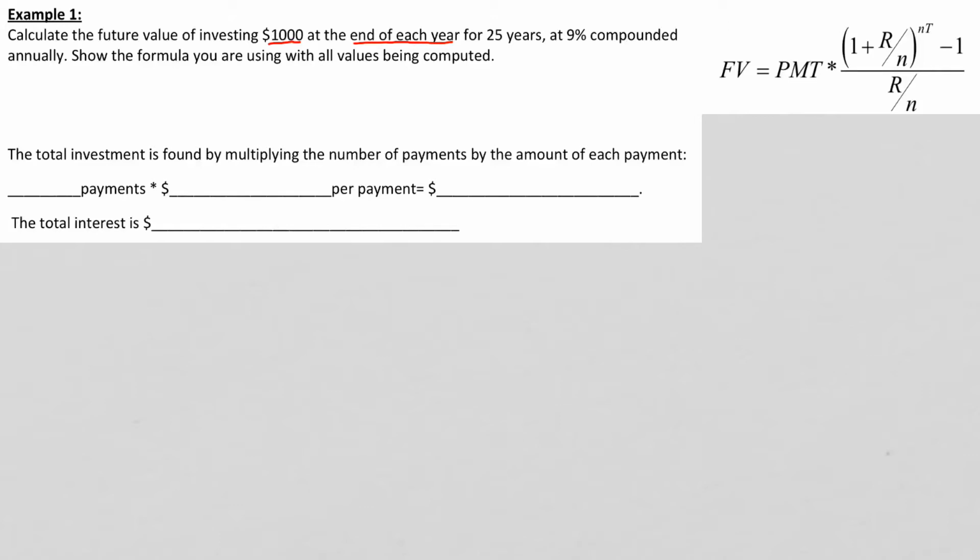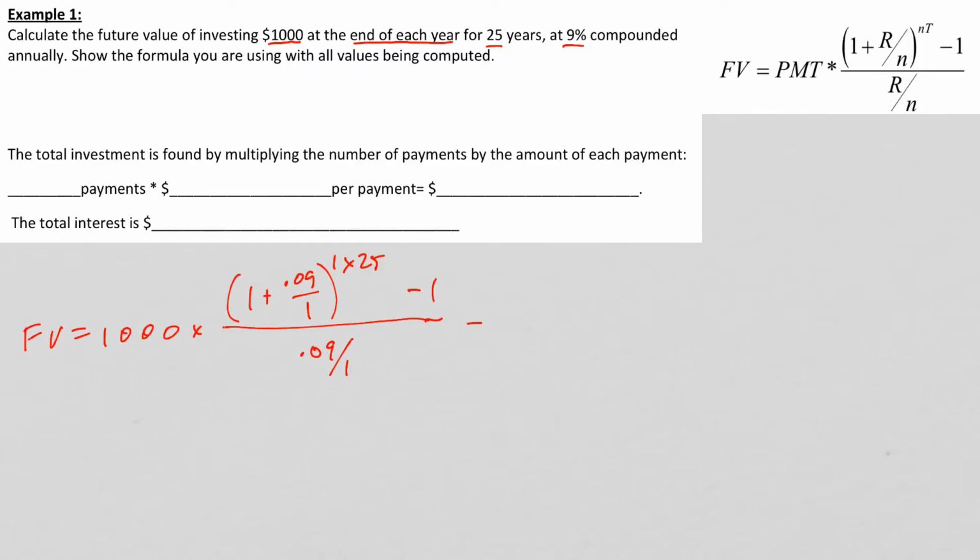Okay, so if we wanted to calculate our future value, it would be our payment size of $1,000 times 1 plus our rate of 9% over n, which is annually, to the 1 times 25 years, there's 25 years, minus 1, over 0.09 over 1. And of course, you don't have to divide by 1. I'm just showing it there.